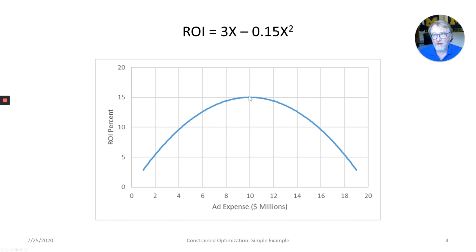Now, the real challenge in business application, though, is you don't have such simple functions with only one variable so you can plot them. So plotting it and looking doesn't scale up, right? So even with advertising, often you're advertising for more than just one product. You're advertising multiple products, and you're often using multiple media.